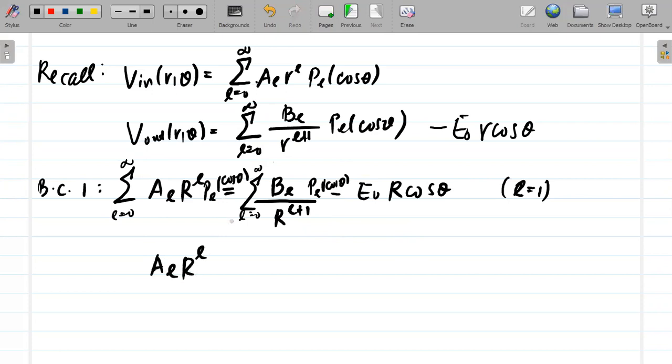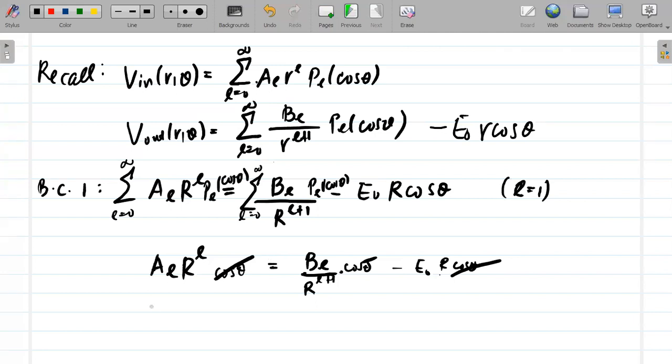So, P1 of cos theta is cos theta equals B_L over R to the L plus 1 cos theta ulit minus E naught R cos theta. Now, we can see that pwede mag-cancel tong mga to.